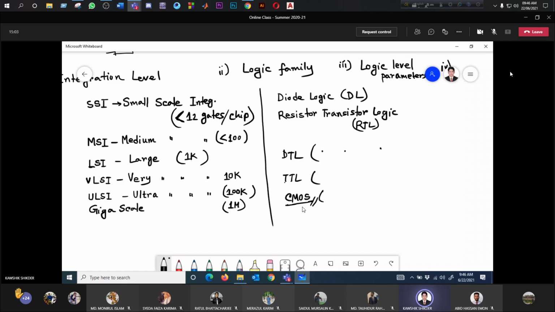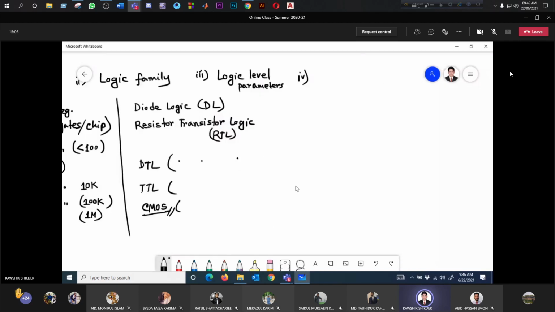Now another one is logic level parameters. What are the logic level parameters? For example, VOL. What does it mean? V for voltage, O for output, and L for logic level, low or high.